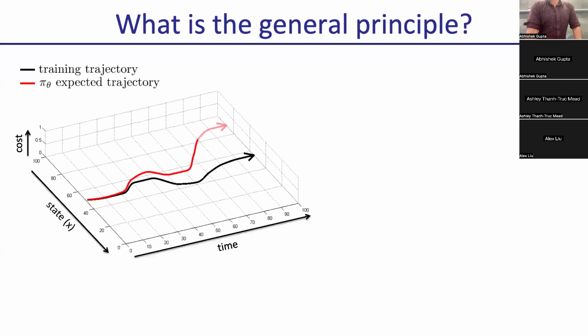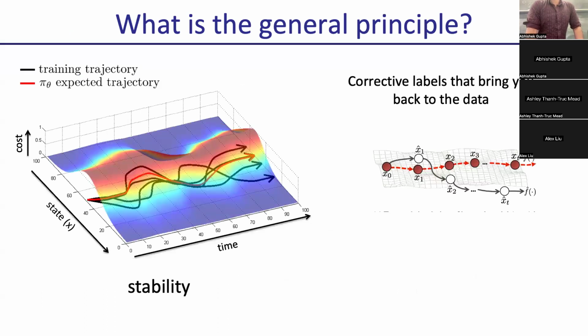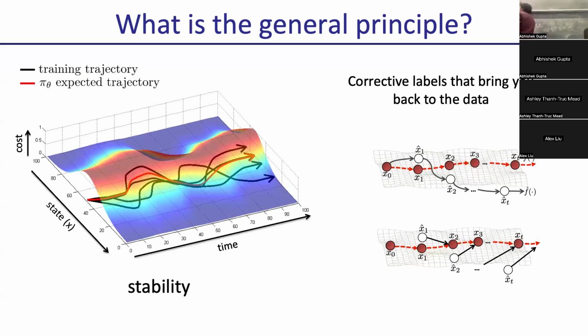And so the general principle we talked about is that if you can have corrective labels that bring you back to the data, then you don't have this issue getting worse and worse over time. So let's say the compounding error issue happens when you take a step, and the step is a little bit away from where you saw the training data. So you have an initial state.